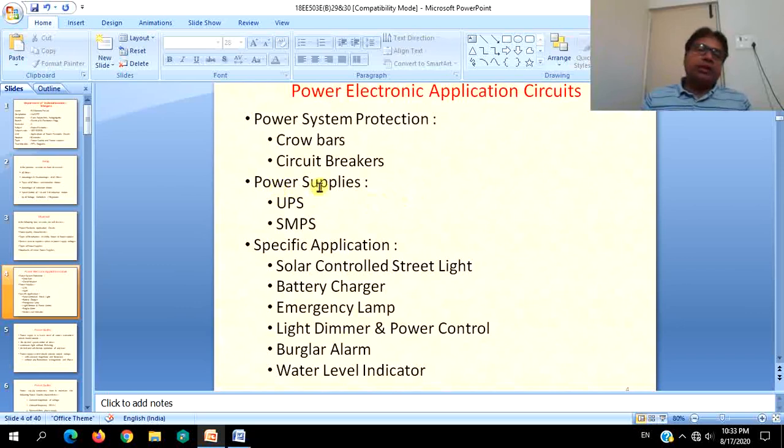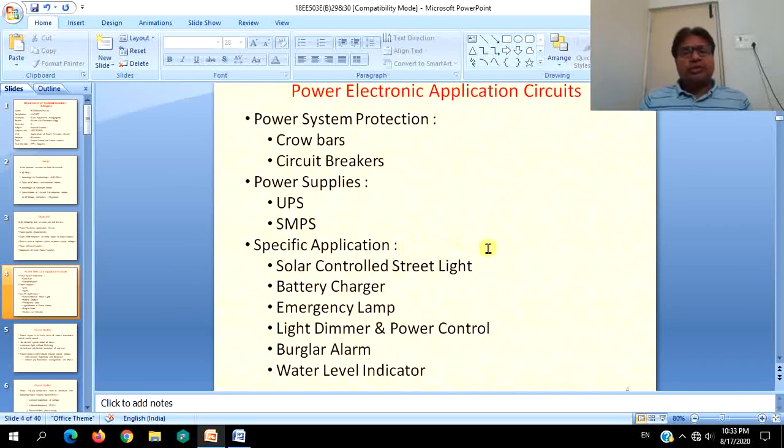These power supplies are divided into UPS and SMPS. We already know the full forms and also their utilities. We will be discussing their working, operations and designs. UPS is your uninterruptible power supply. SMPS is your switched mode power supply.